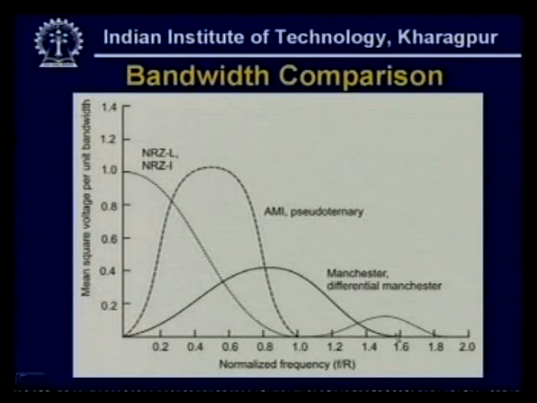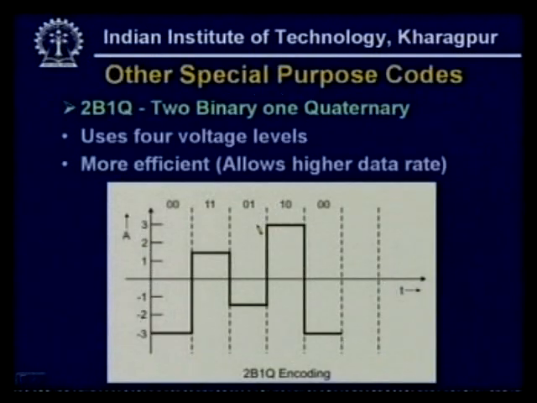However, they have higher bandwidth. The AMI and pseudo ternary have lesser bandwidth and a very good frequency spectrum. Most of the energy is centered around the middle of the frequency and there is no DC component. So, this is the bandwidth comparison of the different encoding techniques that we have discussed.